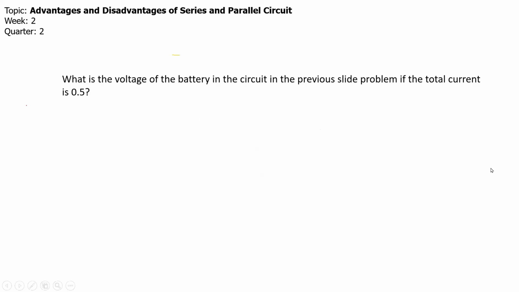Okay, what is the voltage of the battery in the circuit in the previous slide problem if the total current is 0.5? So in this particular problem, we are looking for the missing value.